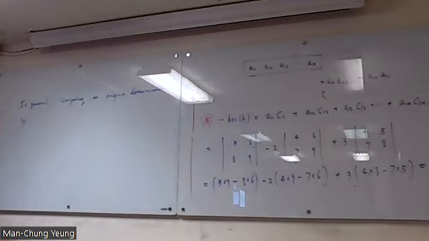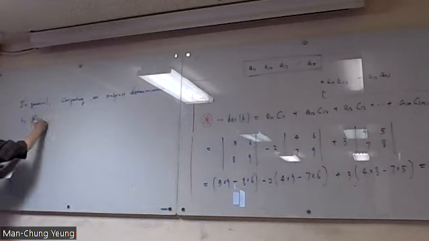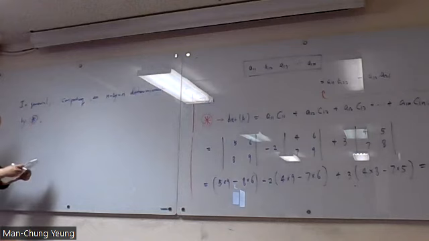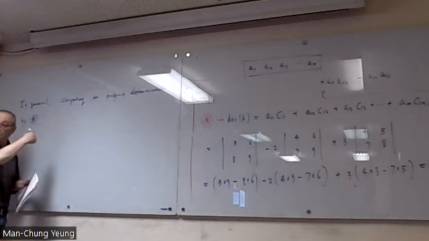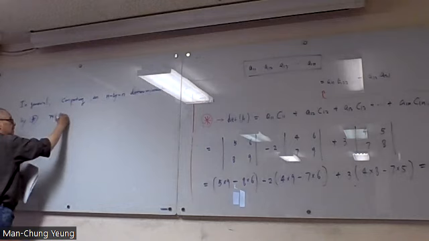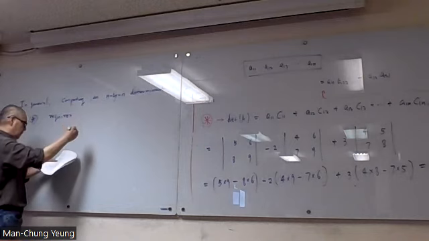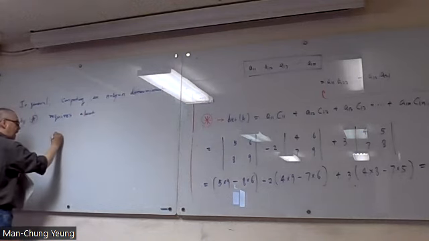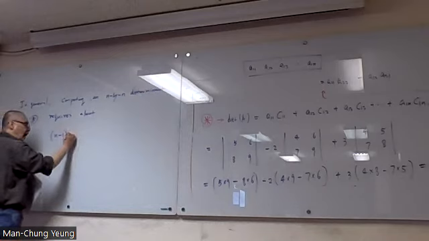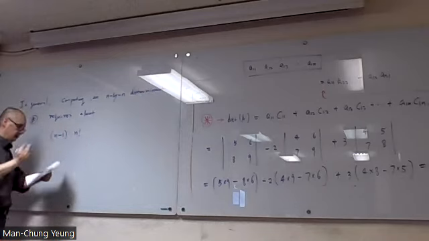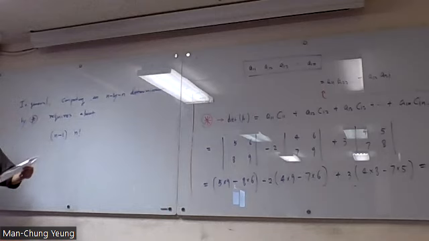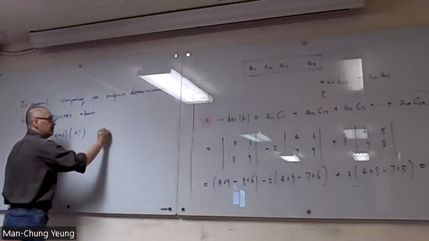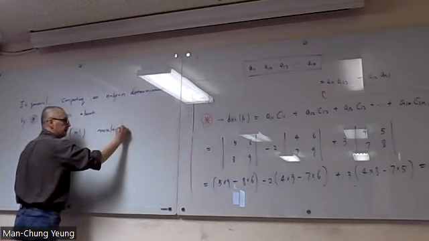Computing an n by n determinant by star has a computational cost that requires about, not exactly, about n minus 1 times n factorial multiplications.